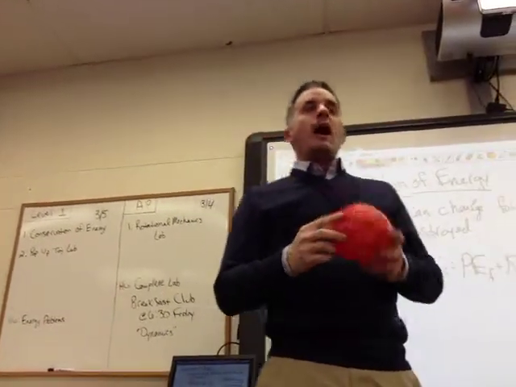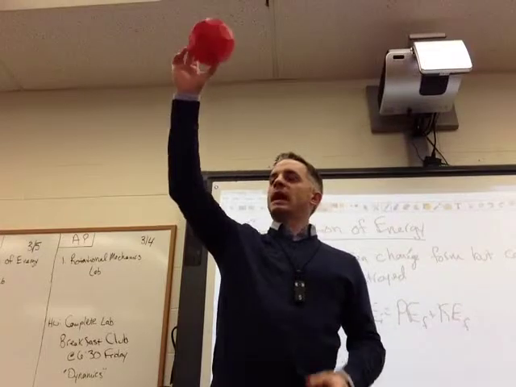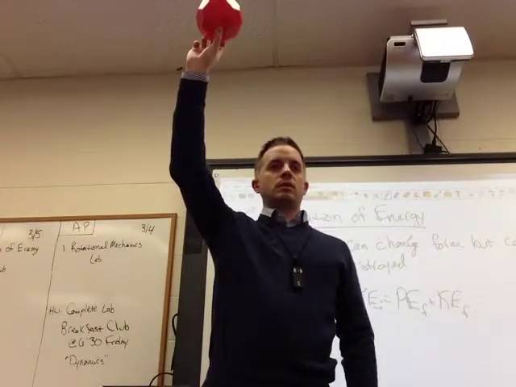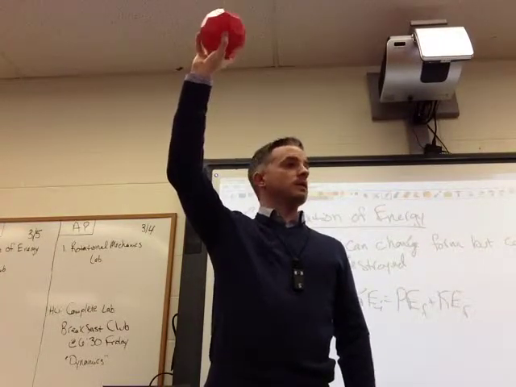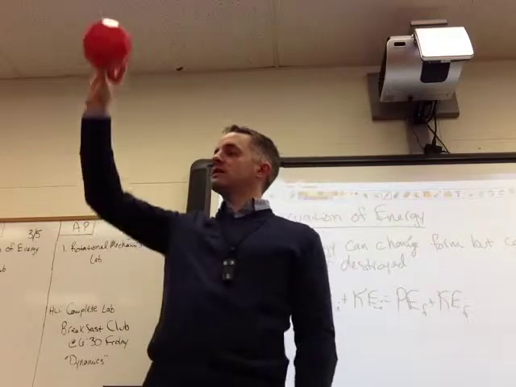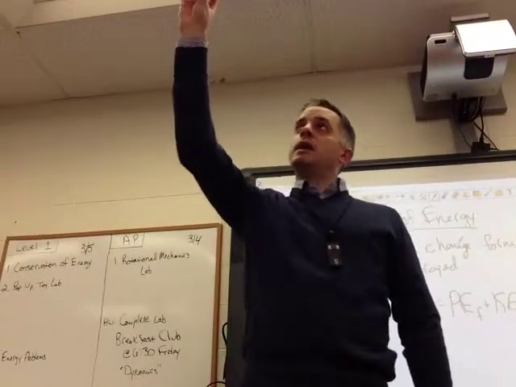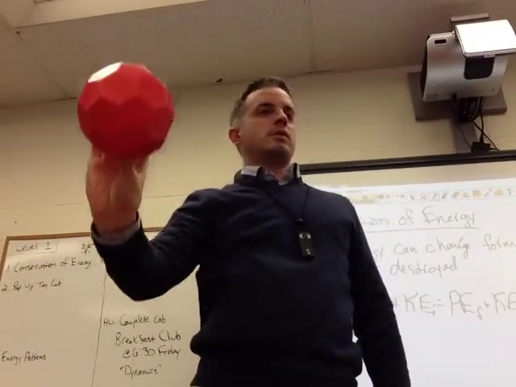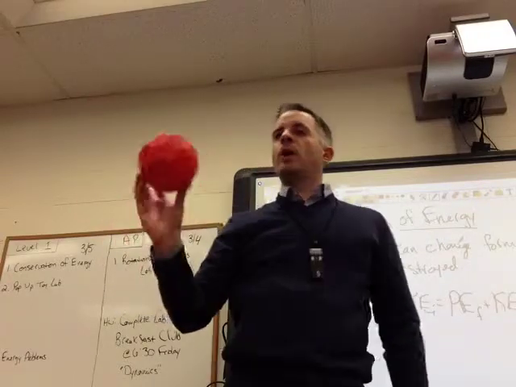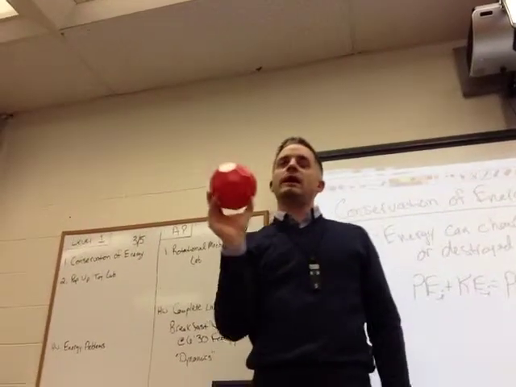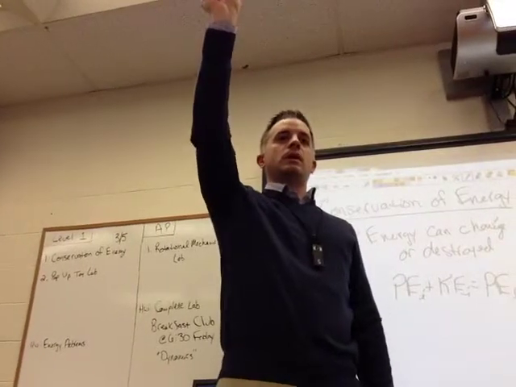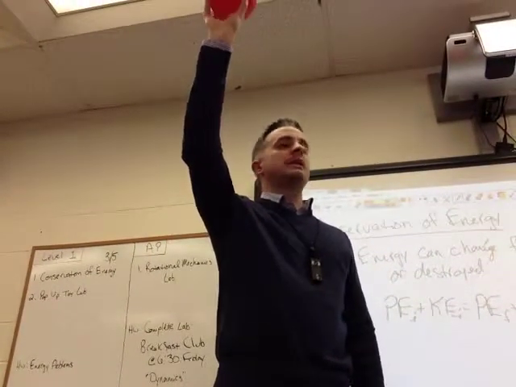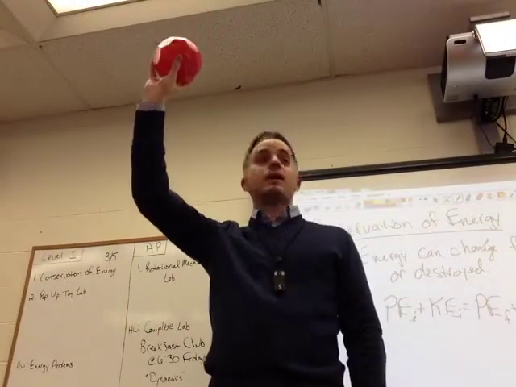All right. As it's going up, what's happening to the potential? It's increasing. And then as it's on its way down, what happens to its potential? It decreases. What happens to the speed of the ball as it goes up? It slows down. So what happens to the kinetic? It also decreases.